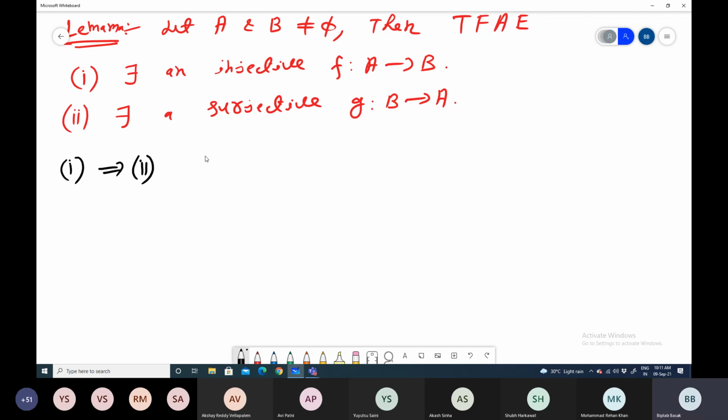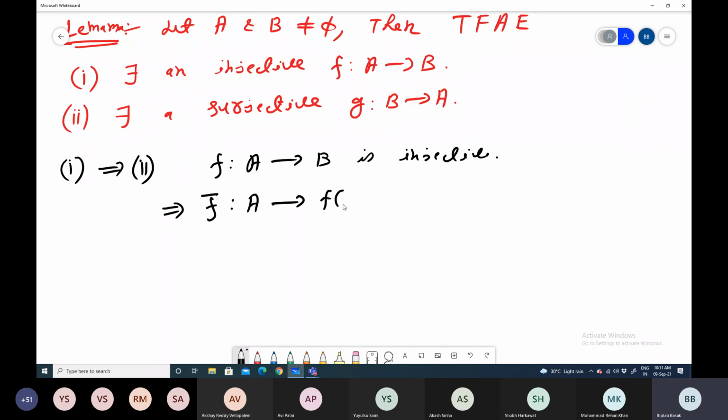So what we'll do now, first of all, it is given that f from A to B is injective. It might not be surjective. Now, if we restrict the codomain, we give a different name, say f bar from A to f of A, which is a subset of B. So this is bijective, right?